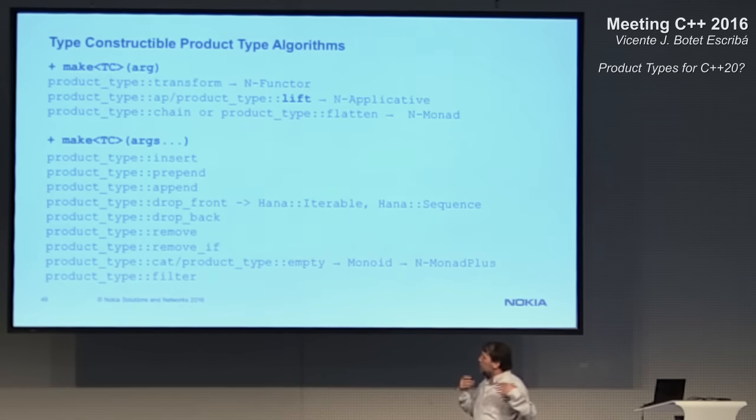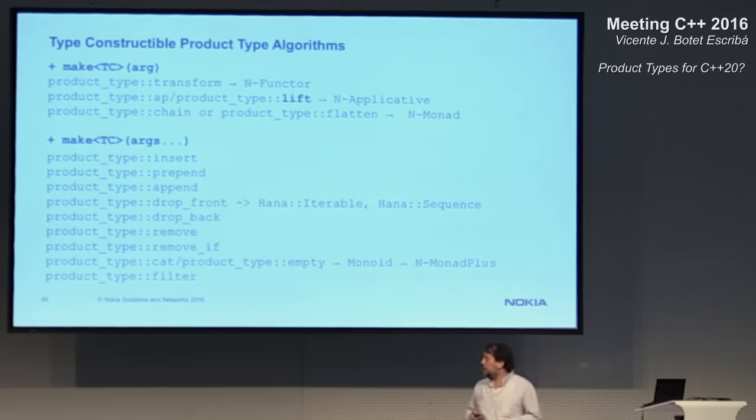If make supports the ability to construct with a varied number of elements, we are able to define functions like insert, prepend, append, drop, remove, and being able to define drop from the function make, product types could model the Hana Iterable requirements or the Hana Sequence.